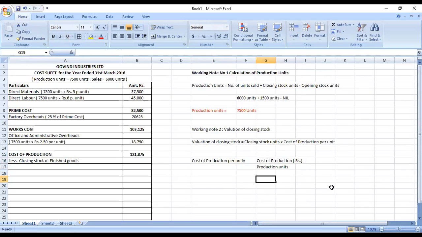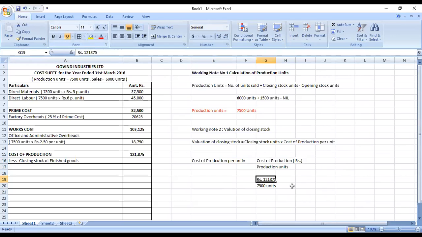So what is the cost of production in rupees? The production cost is 121,875, divided by the production units, 7,500 units.